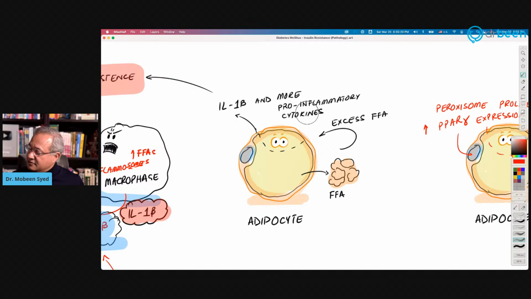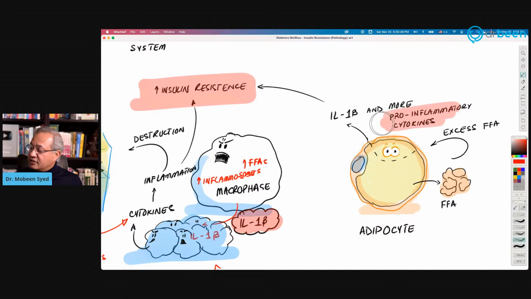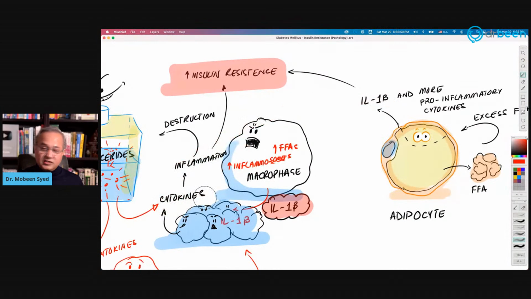The result is that when the adipocyte sends too many free fatty acids, which they are releasing, plus there is more coming from the other tissues, they start releasing interleukins as well. So even the fat in an obese person would start releasing inflammatory cytokines to say, dude, something is wrong. This person has a lot of free fatty acids. And that would, once again, with pro-inflammatory cytokines released, cause insulin resistance, cause inflammation, and once again, we have a problem.